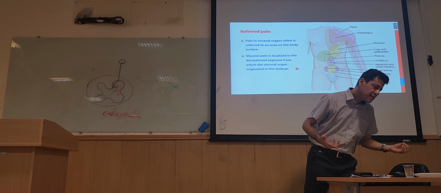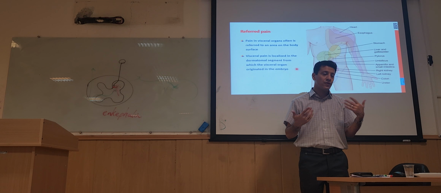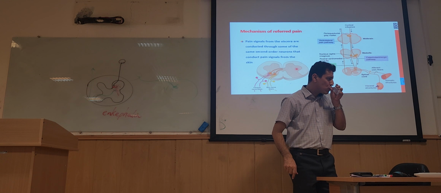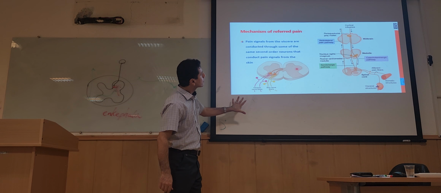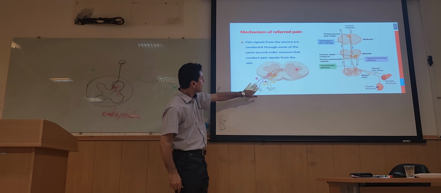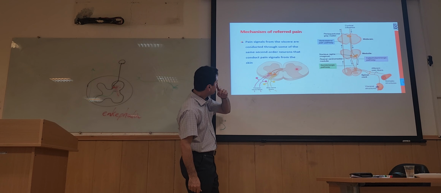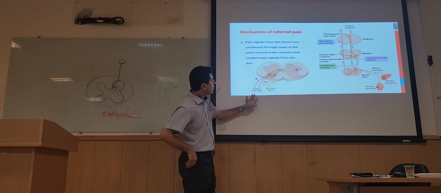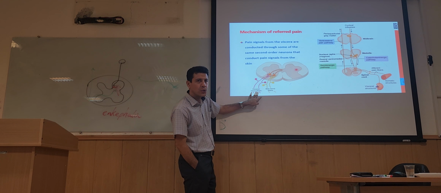So what is the mechanism for this referred pain? Why do we have referred pain? Let me first talk about this one. Okay. So spinal cord, dorsal cord, right? These are fibers that are coming from the internal organ.